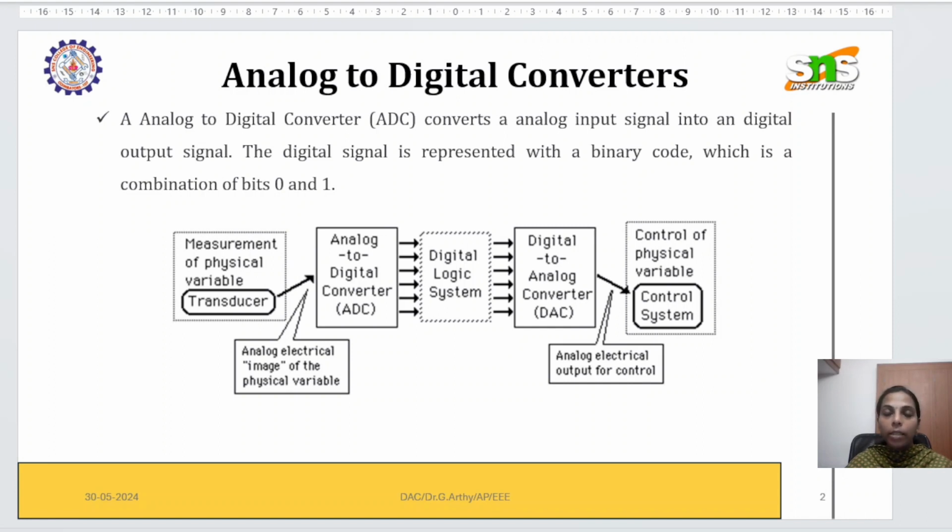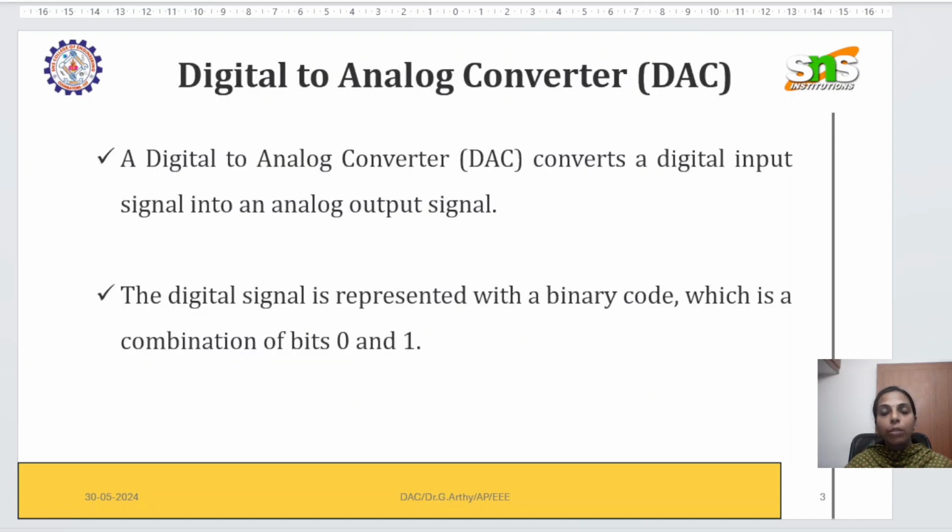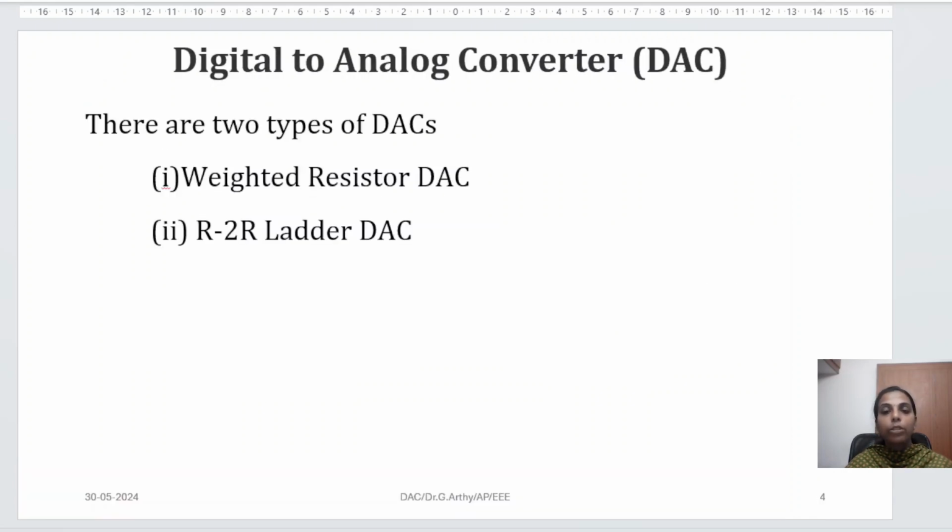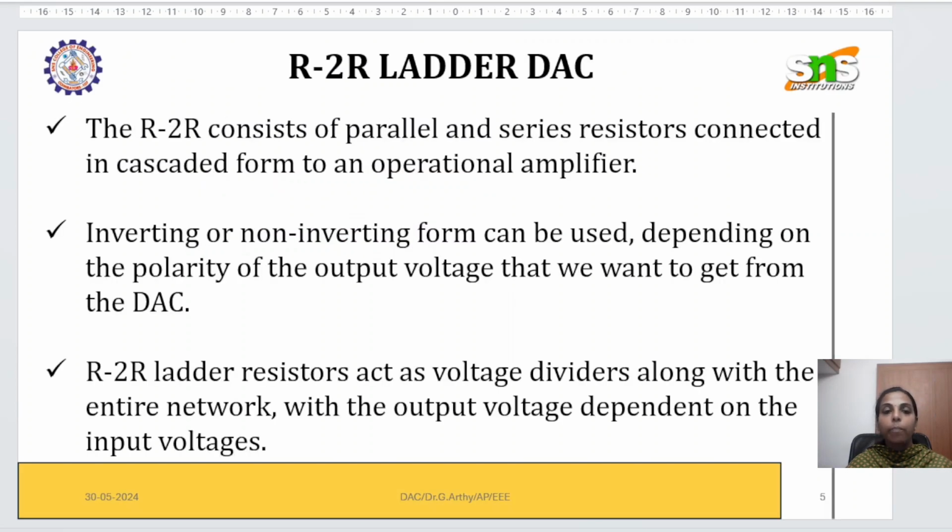So we need digital to analog converters at the receiving end, and at the transmitting end we will be using analog to digital converters. There are different types of digital to analog converters, and we'll be discussing two. The weighted resistor DAC has been discussed earlier, and in today's session we'll be discussing the R-2R ladder DAC.